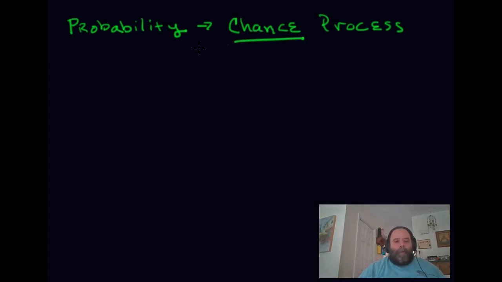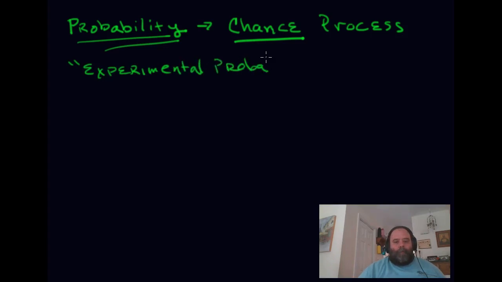The baseline understanding of probability, sometimes called the experimental probability, is the idea that I repeat this chance process over and over again, and I look at the proportion of times that this chance process gets a certain outcome.